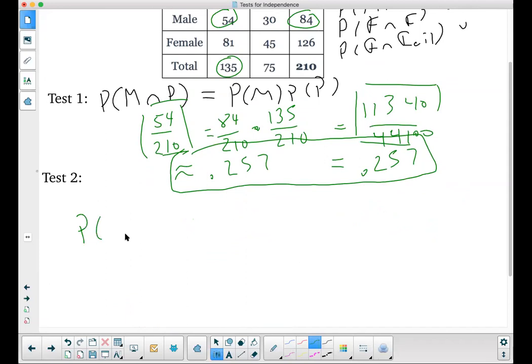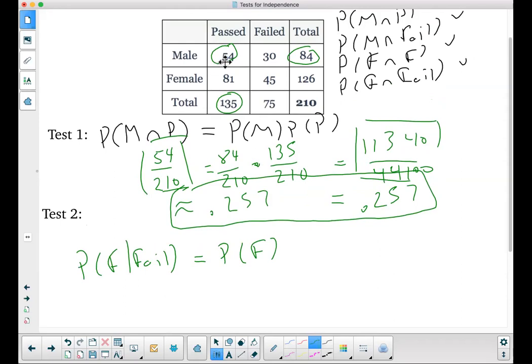The other test is basically, let's choose the probability of female given failing. Does that equal the probability of just being a female? So the probability of female, given that you failed, is 45 over 75. Does that equal the probability of just being a female in this study, 126 over 210? I'm going to use my calculator.